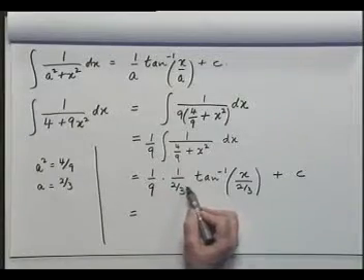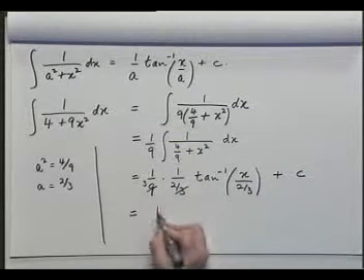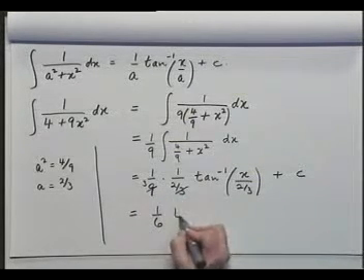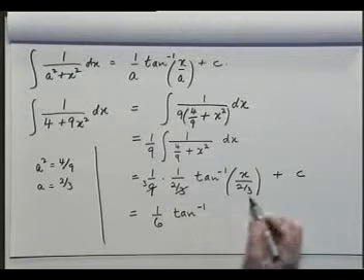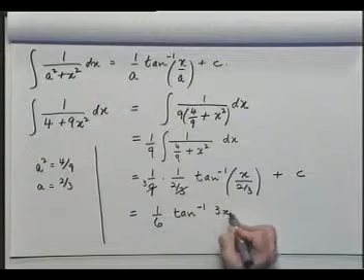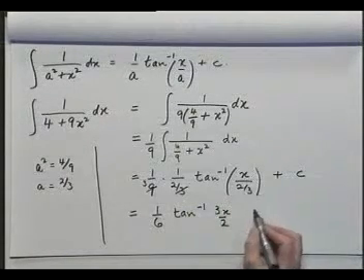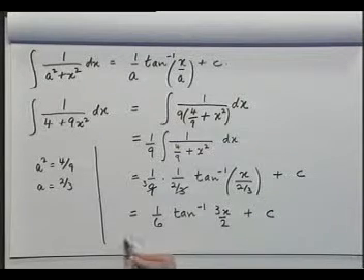Just to tidy these fractions up, 3 will divide into 9 3 times, so we'll have 3 2s are 6 in the denominator. Tan to the minus 1, and dividing by 2/3 is like multiplying by 3 over 2. So I'll have tan to the minus 1 of 3x over 2 plus the constant of integration.